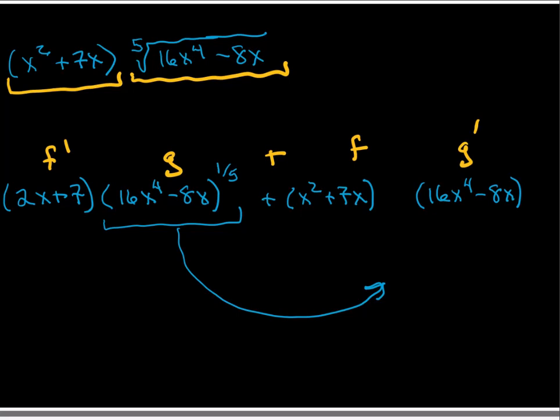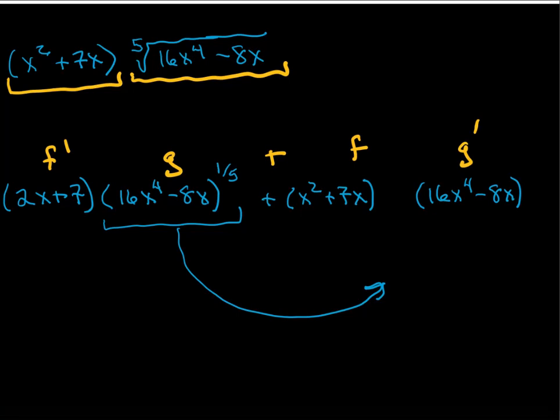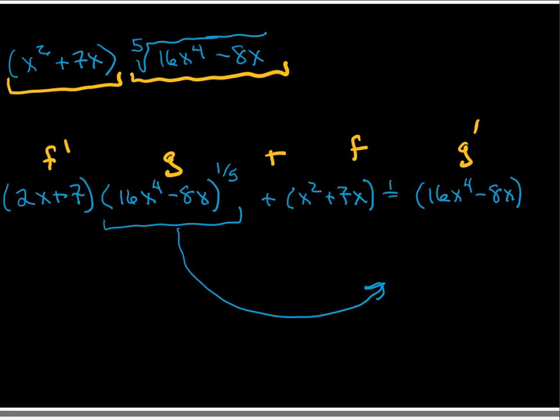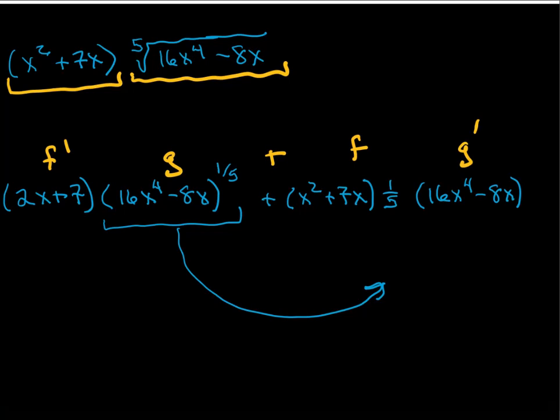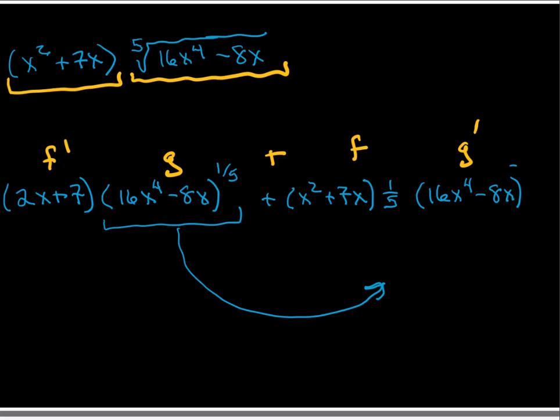Now, what are we going to do with the outside? We're going to put the 1/5 out front. And it's going to get a new exponent of -4/5. Everybody okay with where that came from? 1/5 minus 5/5 is a -4/5.